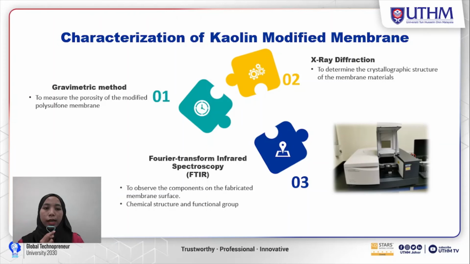We also use X-ray diffraction to determine the crystallographic structure of the membrane materials. And the last one is Fourier transform infrared spectroscopy to observe the components on the fabricated membrane surface and the chemical structure and functional groups.